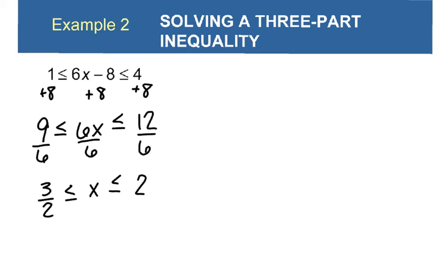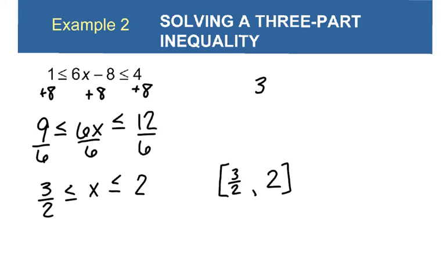So when x is between two different values, and those values have a less than or equal to or greater than or equal to symbol, this is how we're going to write it. In a bracket, start with our lowest number, and then end with our highest number, and place it in a bracket. Let's say our solution actually ended up being something like this.